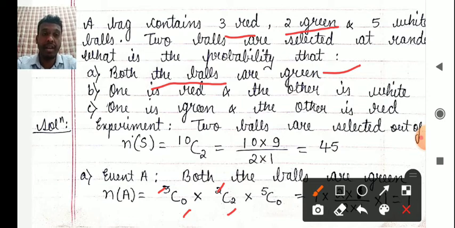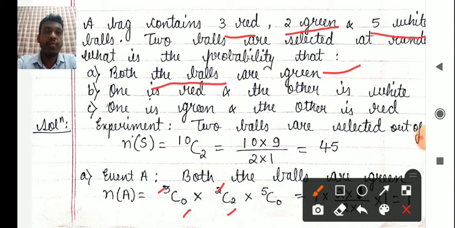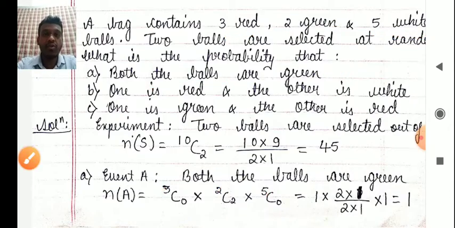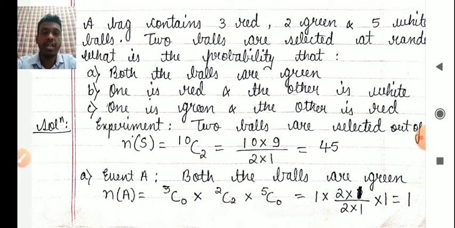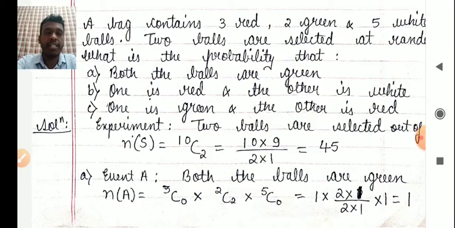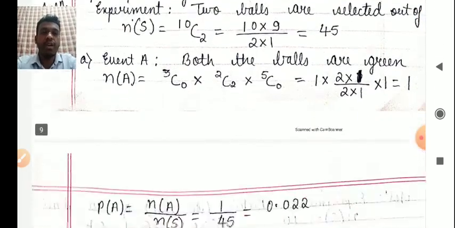And now white balls, 5 white balls are there, and out of 5, how many are we selecting? 0, because both the balls are green in this case. So this is how we solve this. NC0 is always equal to 1. Remember the standard value, which I have given you along with the formula. So 3C0 is 1, into 2 into 1 upon 2 into 1, into 5C0, which is also equal to 1. With cancellation, everything becomes 1.